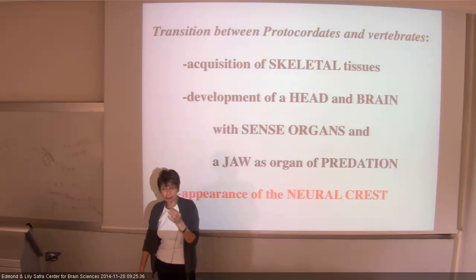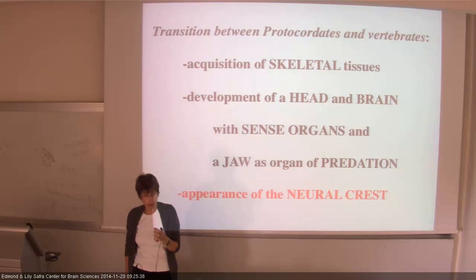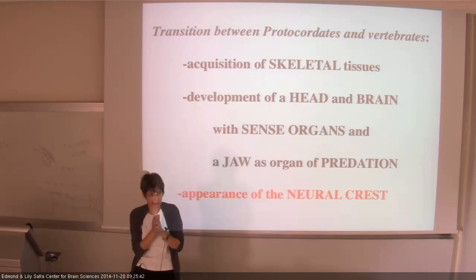Because the idea of this new head hypothesis says that this happened exactly during the transition in which animals became predators. And when you become a predator and you need to eat another animal, what do you need? You need jaws and you need teeth. So part of our teeth are neural crest as well.